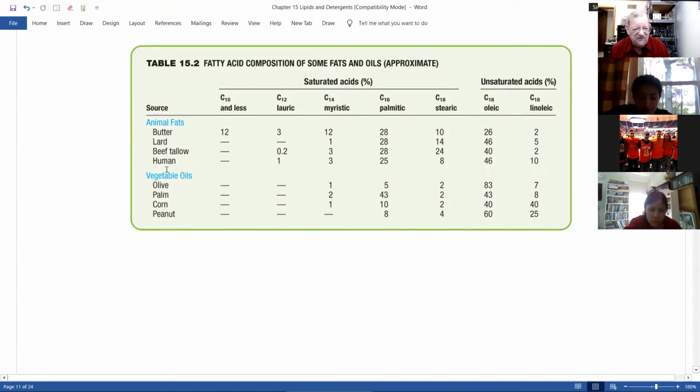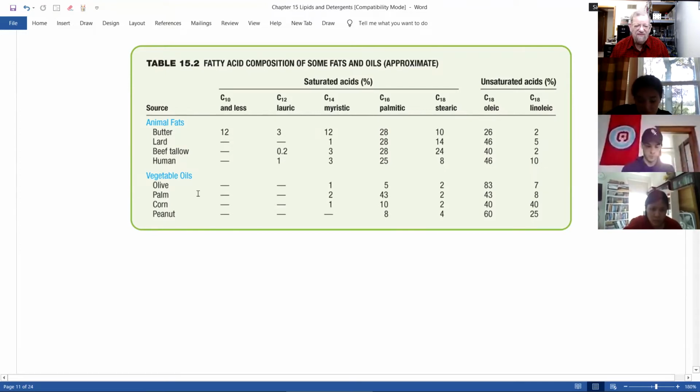The person who wrote this chart didn't know the chemical industry of fats and oils, because you can't have any other kind of tallow. It is beef. And human fat, notice they're about 50-50, maybe a little more, unsaturated to saturated fats.